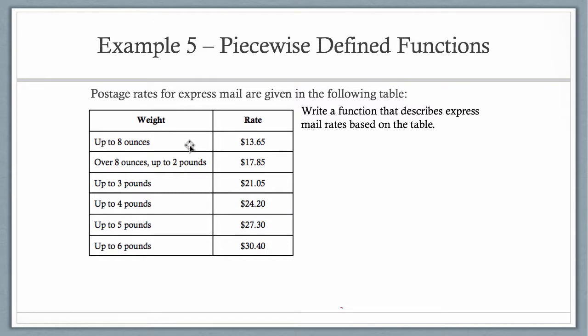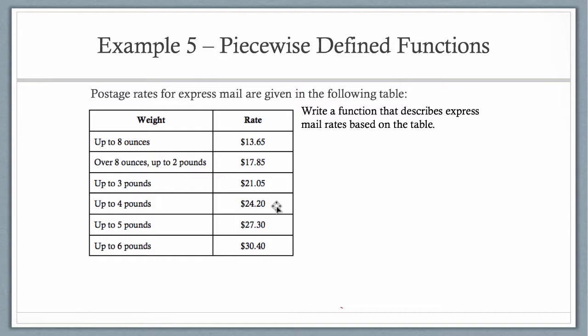It's a flat rate of $13.65. If I have a package weighing 2 pounds, so I'm over 8 ounces, up to 2 pounds, I would be in this line, $17.85. If I have a package that's 3.8 pounds, okay, that means I'm over 3 pounds, but I'm not yet at 4 pounds. I'm right here, $24.20.